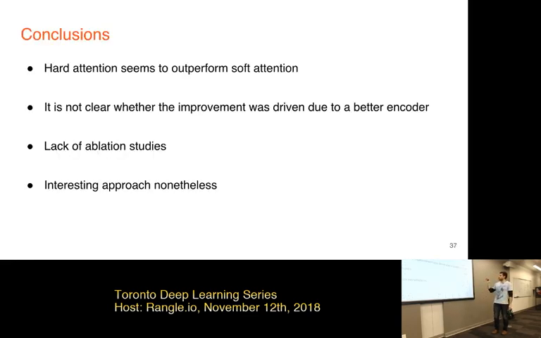And that leads me to the third point, which you guys have noticed, which is a lack of ablation studies. There is no study of how the model performs when there is no attention. There is no study of how the model performs with, let's say, weaker encoders. I think there could have been some stuff to be explored there, but I still think that in general this approach was interesting.